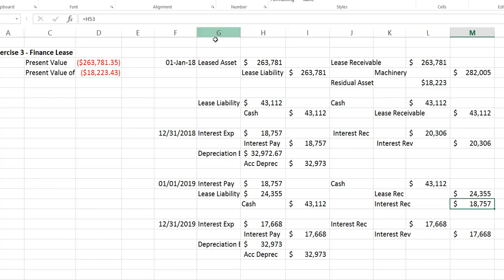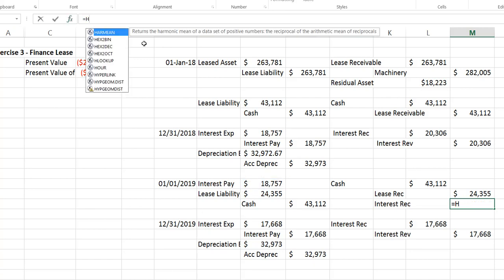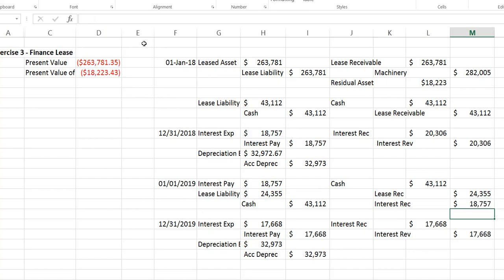Oh, this should be the lease interest receivable here. So we made a little mistake there. Wrong.